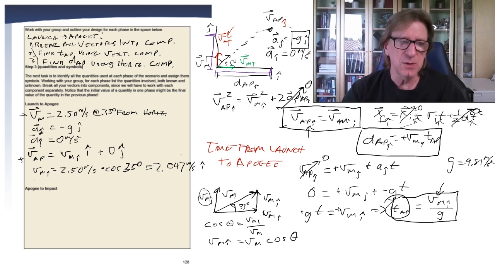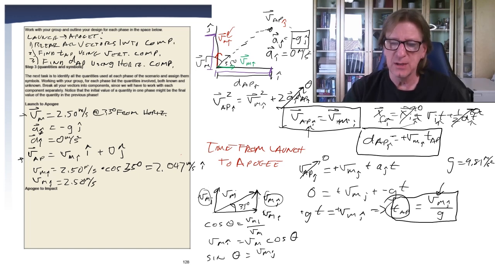While we're at it, let's go ahead and do my j hat direction. So that's VMJ, and that equals 2.50 meters per second times... You can probably guess that it's going to be sine, but let's verify it. The j hat direction is this one, so that's going to be the opposite over the hypotenuse. So sine of theta is going to be the opposite, which is VMJ, over the hypotenuse, which is VM.